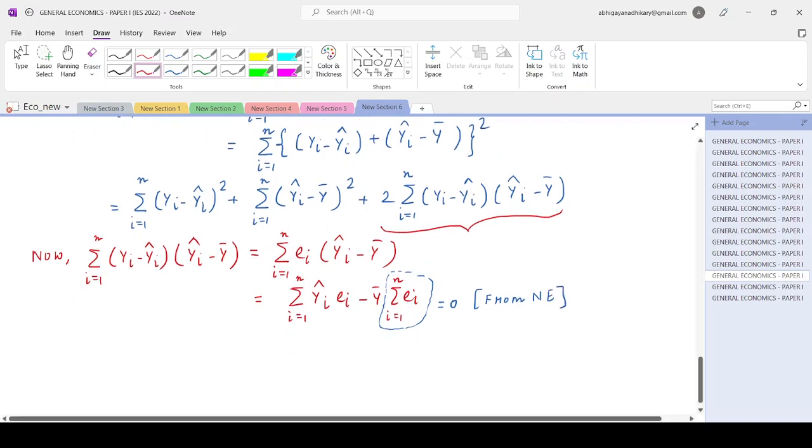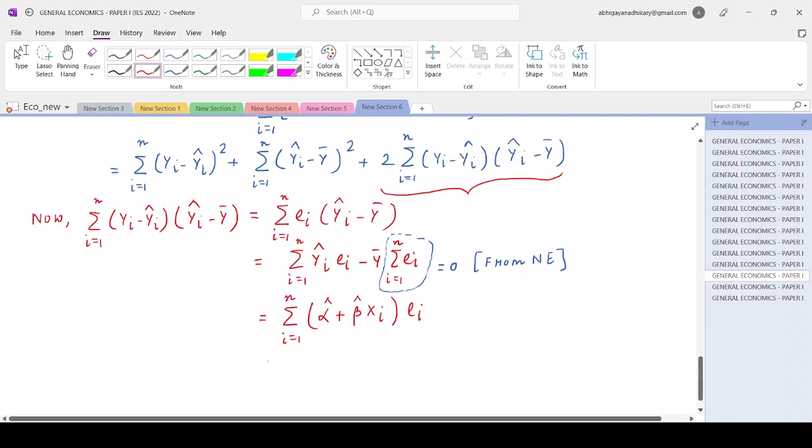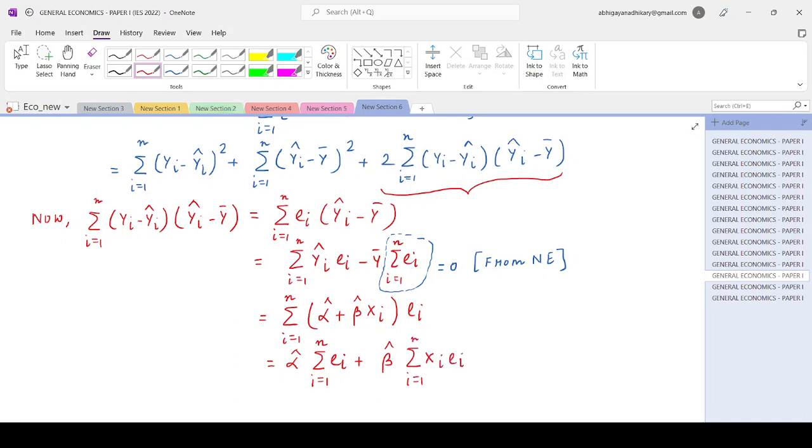So what are you left with? Summation i running from 1 to n, only the first part. Now what is yi hat? It is alpha hat plus beta hat xi, times ei. So this will be alpha hat summation i running from 1 to n of ei plus beta hat summation i running from 1 to n of xi ei, right?